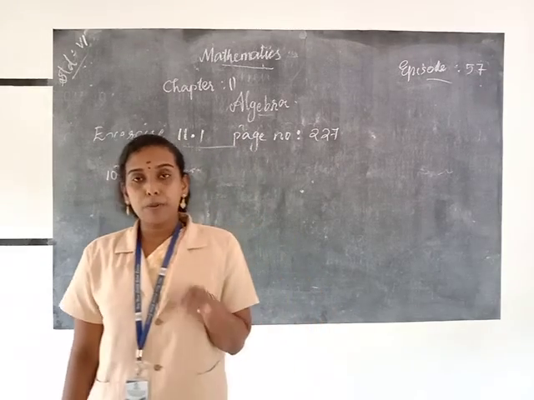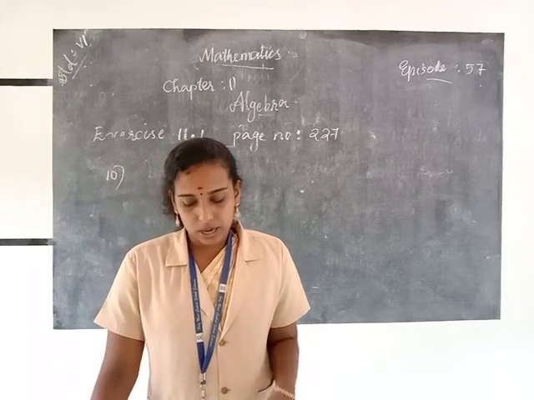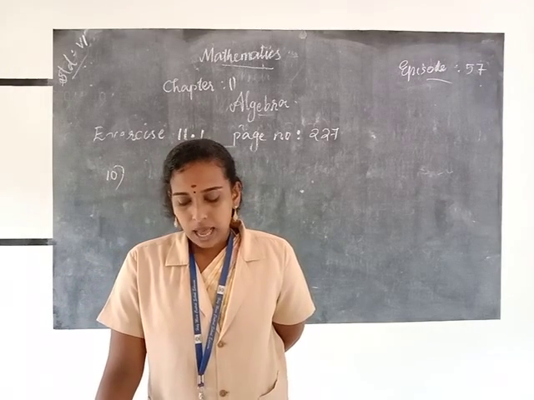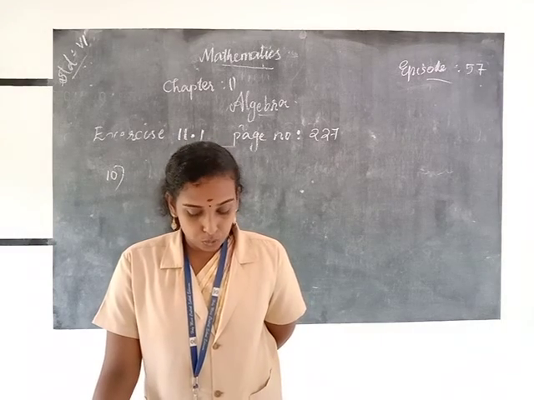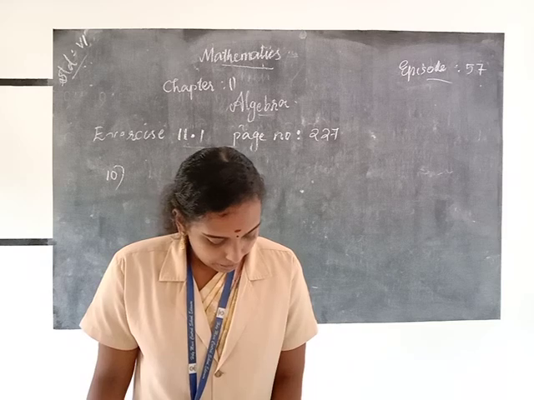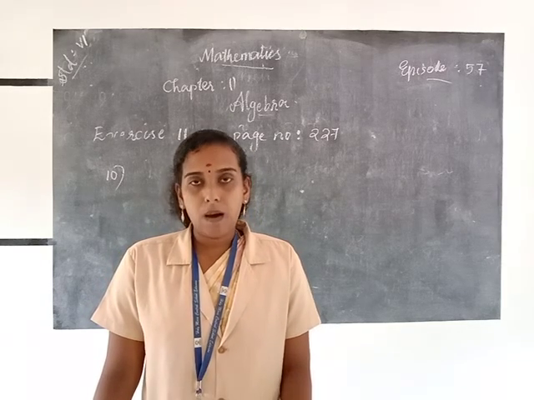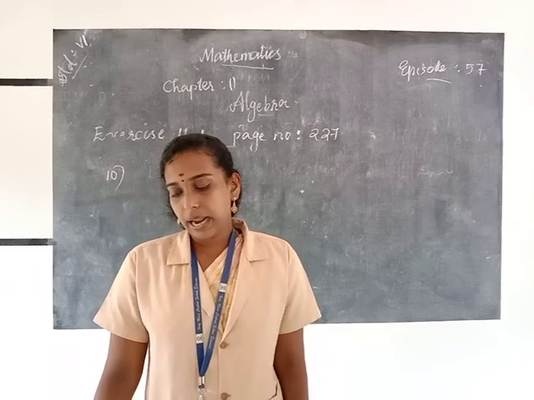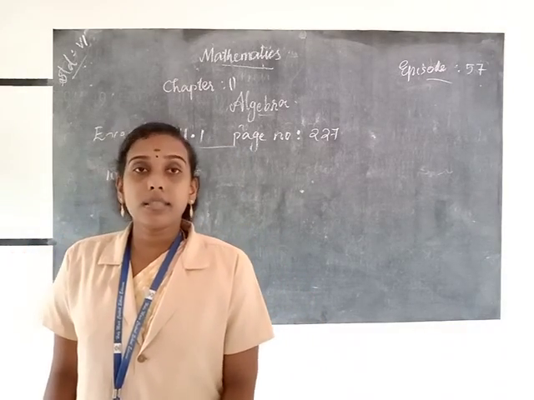Here X is the number of oranges in a small box, and the number of oranges in two small boxes is equal to 2 into X. There are 10 oranges remaining, and we want to find the number of oranges in the large box.